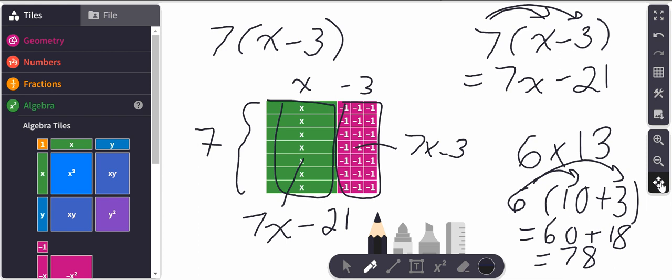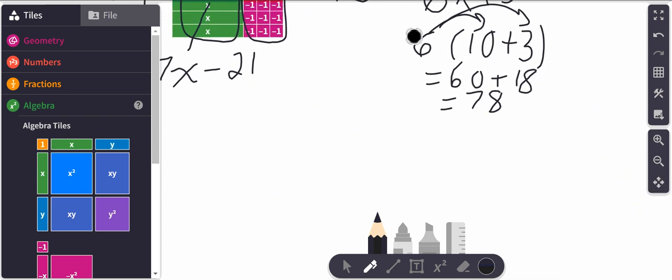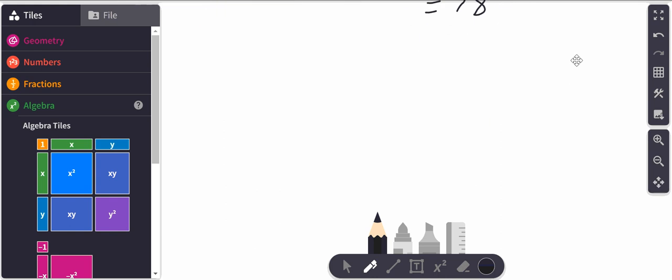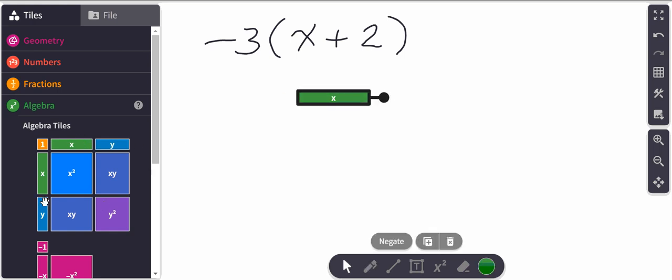So what happens when we have a negative? So for example, negative 3 times x plus 2. Okay, so pause it, try it on your own, or if you're unsure, just keep watching. So start, you get your x and your plus 2.